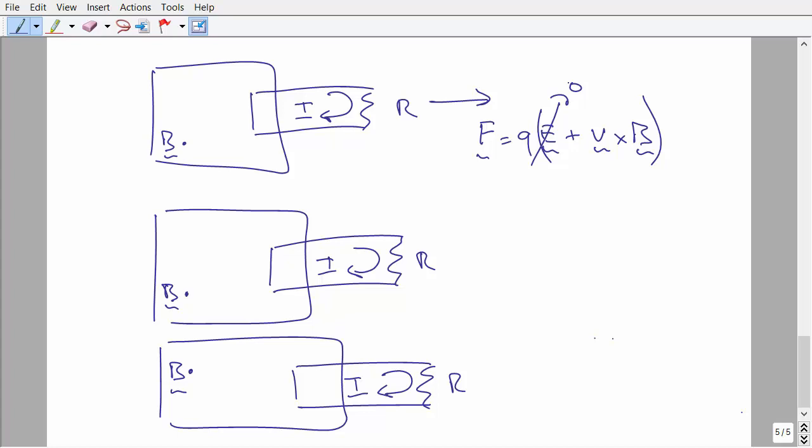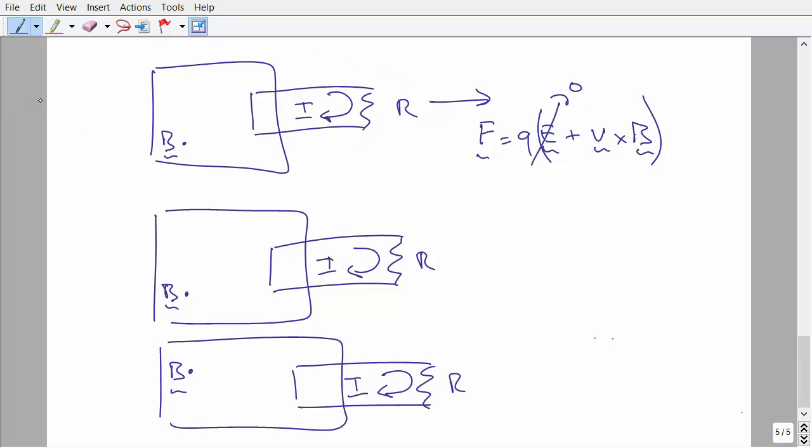If, however, we leave the current loop where it is and we pull the magnetic field away, then, not surprisingly, at least to us because we understand relativity, exactly the same thing happens. We drive a current in this wire, and everything we observe about that current is precisely as we observed in the first experiment.